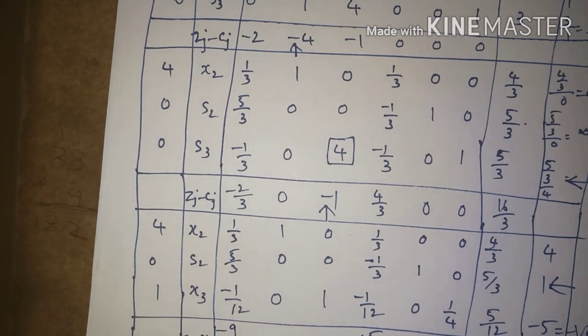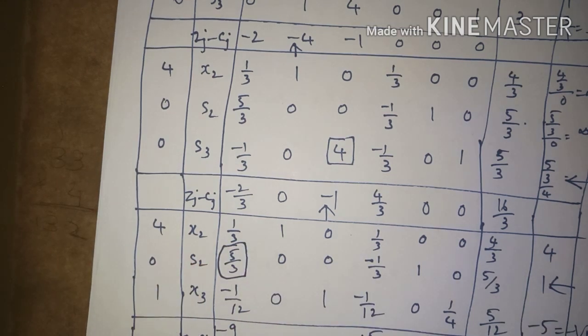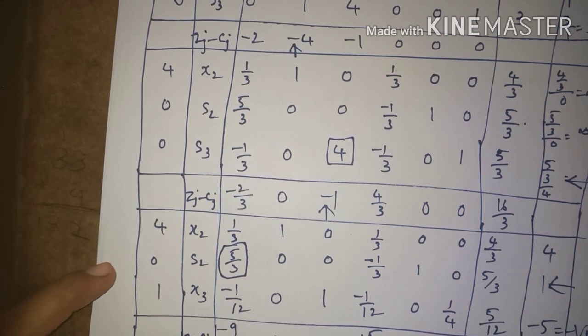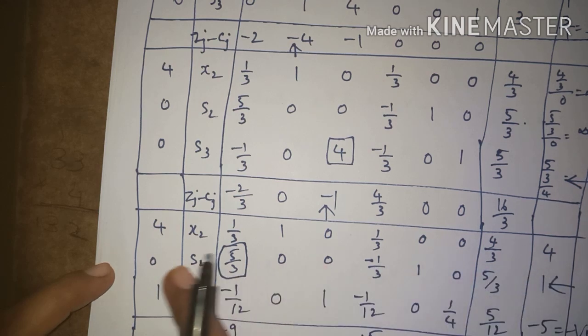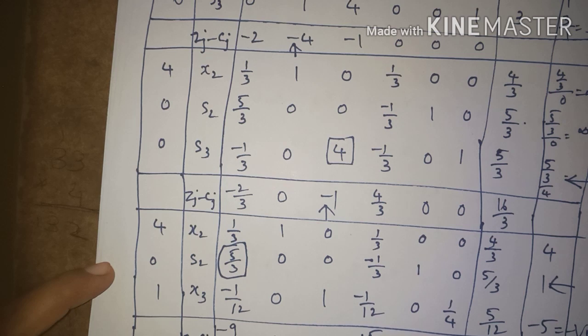X1 is the entering variable, which means the coefficient value is 5 by 3. What do we have to do with that 5 by 3? First I write the 4 x2 as it is. S2 is the leaving variable, whereas x1 is entering, and above x1 the value is 2.